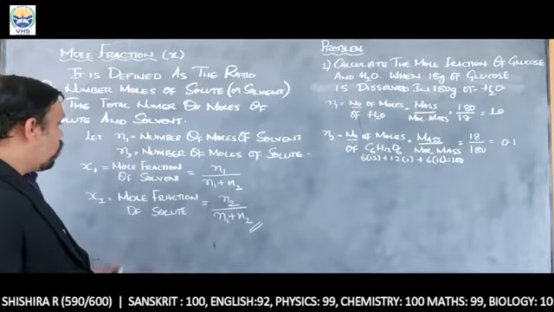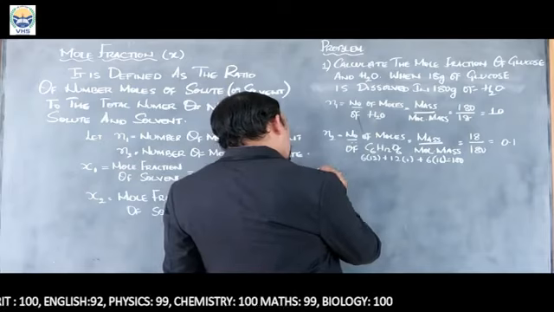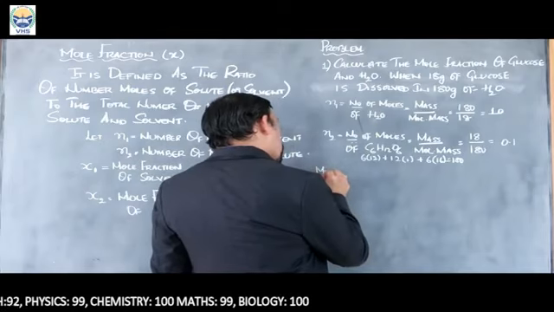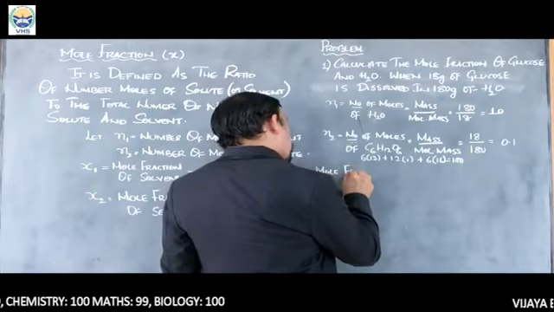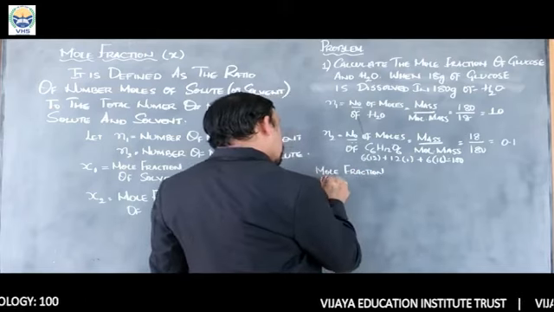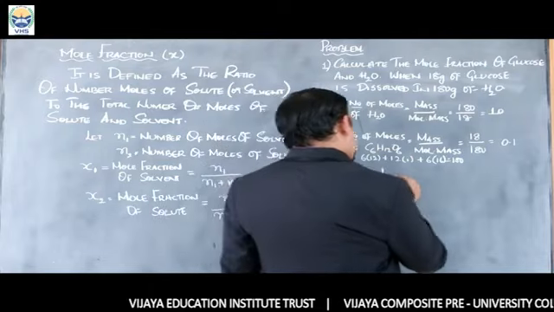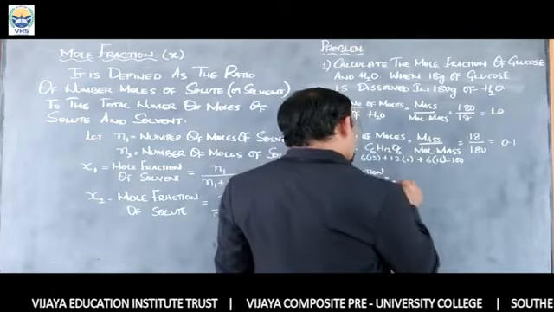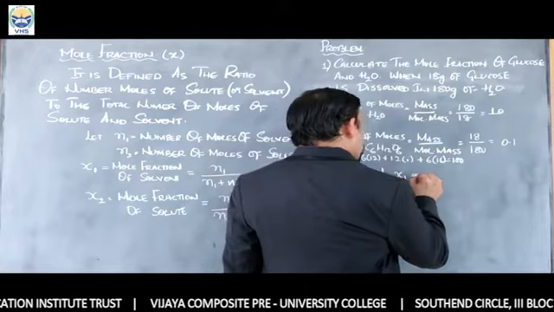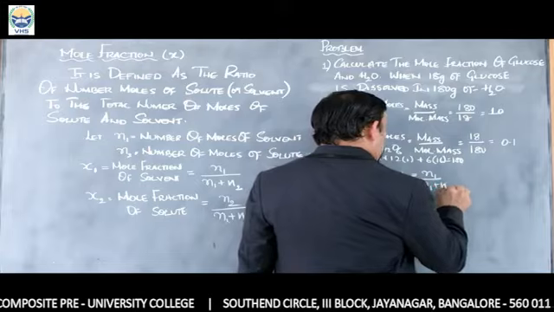Now we have to find out X1 and X2. So X1, the mole fraction of water, is equal to N1 divided by N1 plus N2.